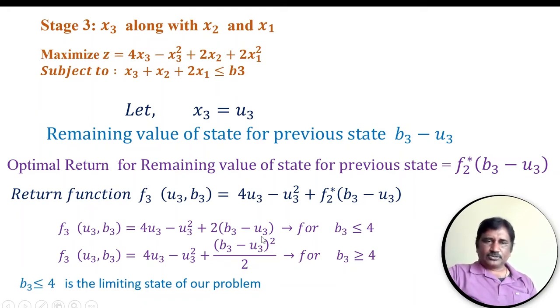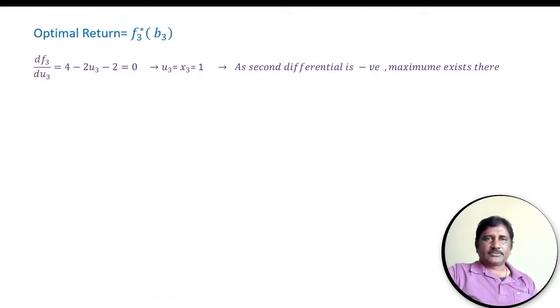So here it is, 4 minus 2 u3 minus 2 is equal to 0. That means u3, that in turn was the value for x3, the alternative value for x3, and I am getting u3 is equal to 1.